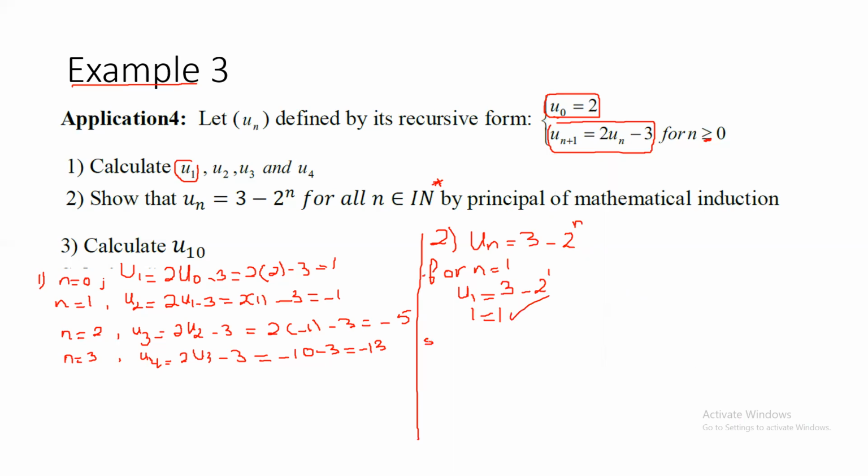Second step, suppose the given relation is true: suppose un equals 3 minus 2 to the n.